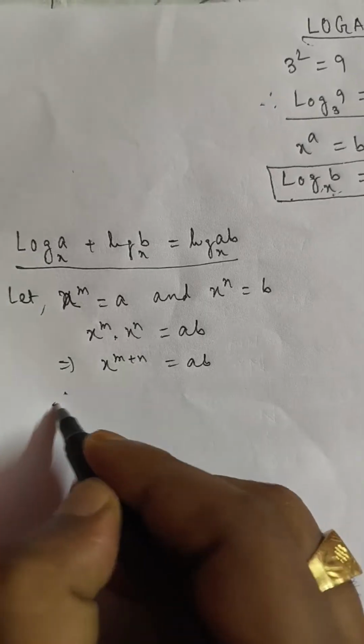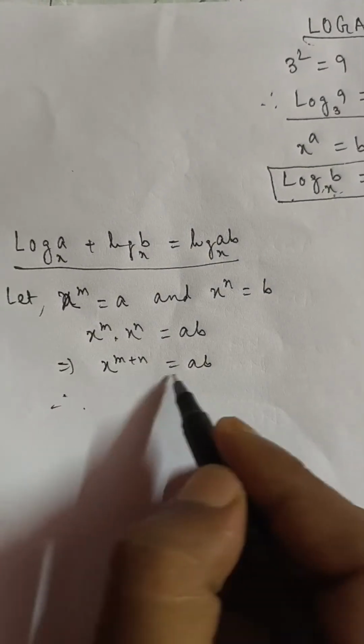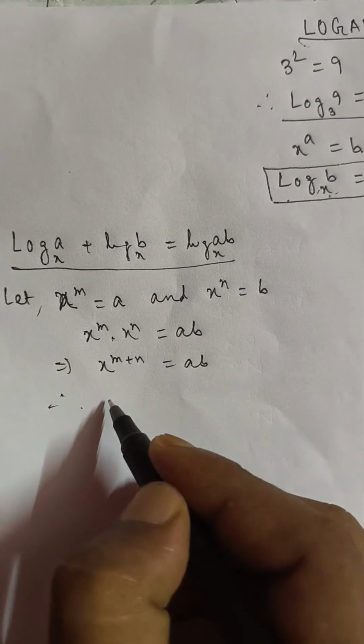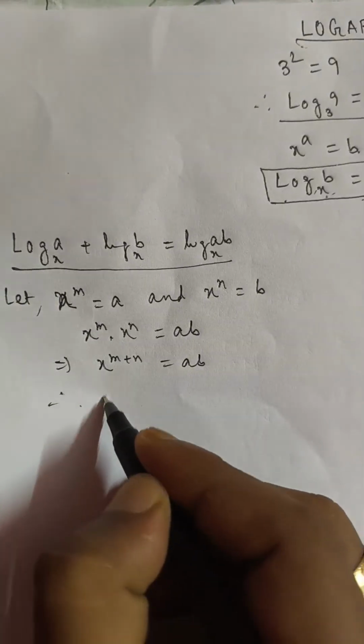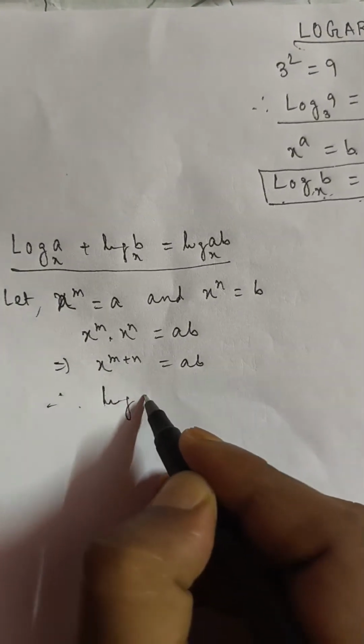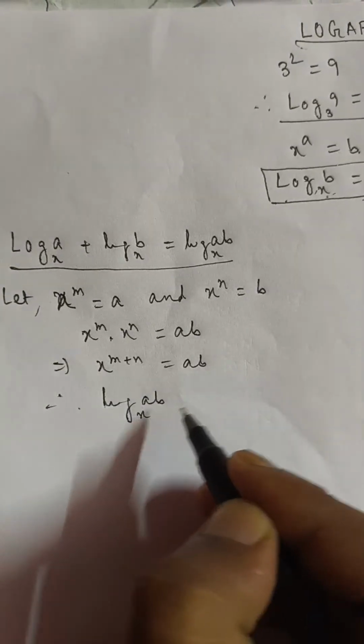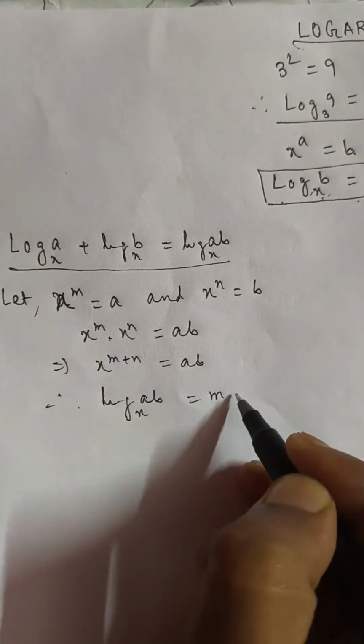Now if we take log on both sides, we will get log of ab base x is equal to m plus n.